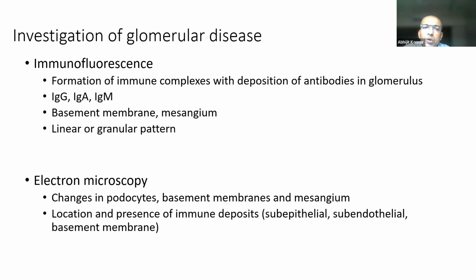These rare types of glomerulonephritis cannot be diagnosed without an electron microscopy. So those cases which are not responding to therapy as one would want should be subjected to electron microscopy.